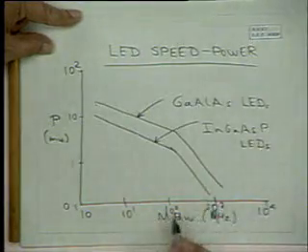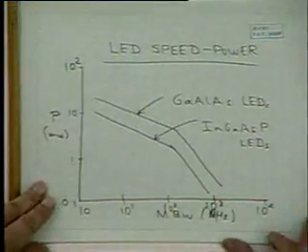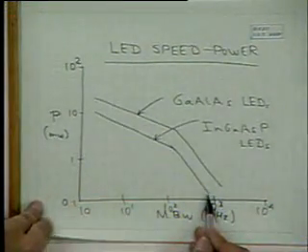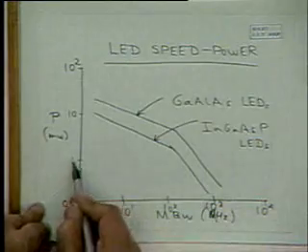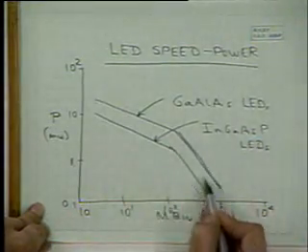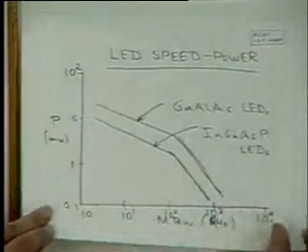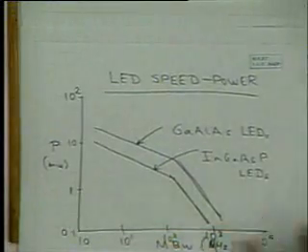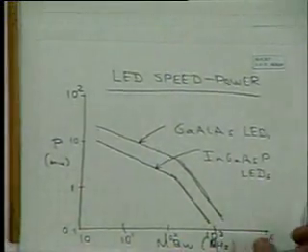So if tau is small, then you get very fast response, but the power output is low. Why does power decrease due to high speed? If we operate at high injection level, current will be high, power high, but speed also high. Yeah, for that family of devices, the speed will be high.